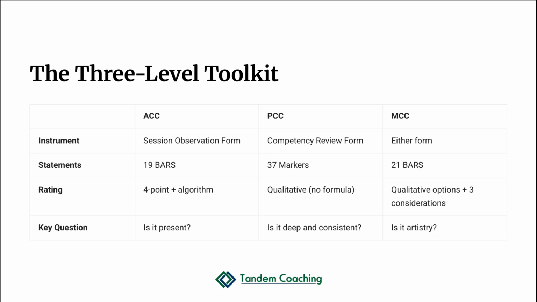MCC, either form works, 21 BARS statements, qualitative rating options with 3 evaluator considerations. The question: is this coaching artistry? 3 instruments, 3 questions, 1 skill applied at increasing levels of professional sophistication and self-awareness.